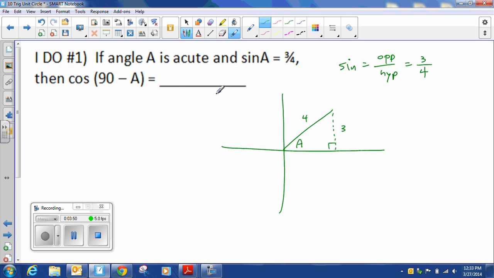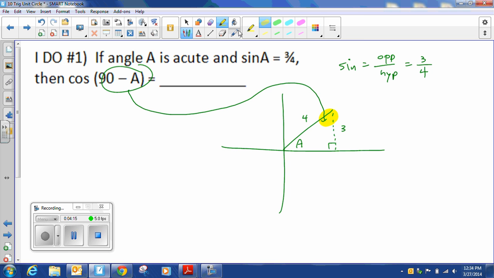Based on this, let's answer the question, what is cosine of 90 degrees minus A? Well, 90 degrees minus A is basically referring to the complement of A, because the complement of A is 90 minus A. So what is the cosine of this angle?